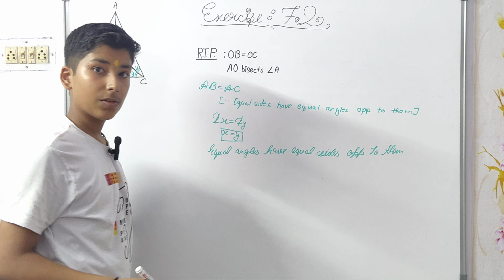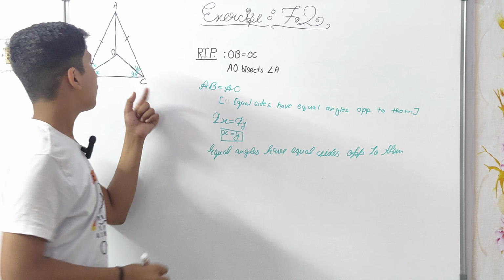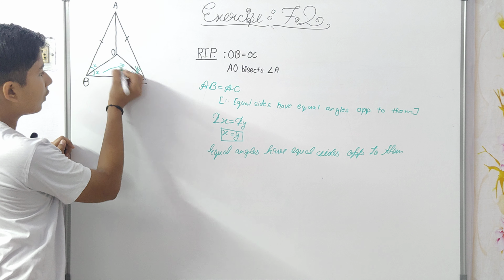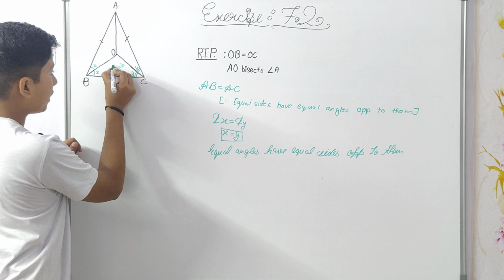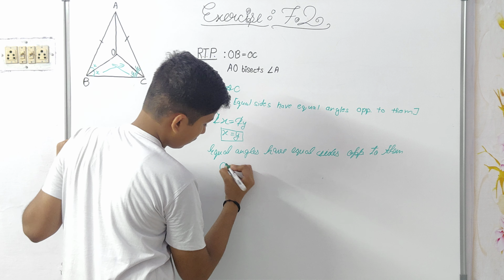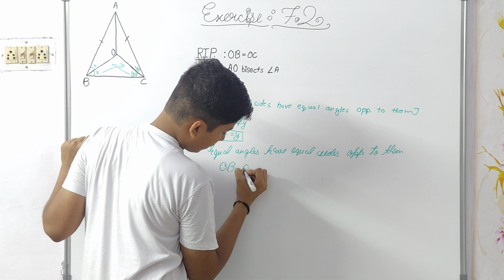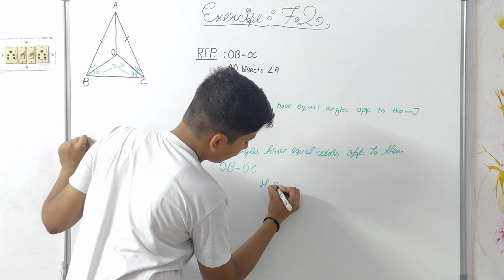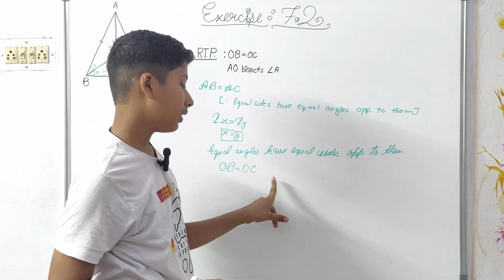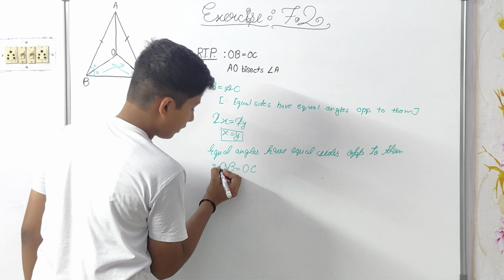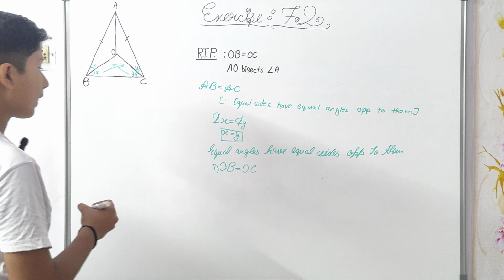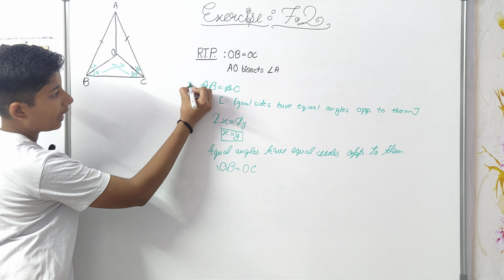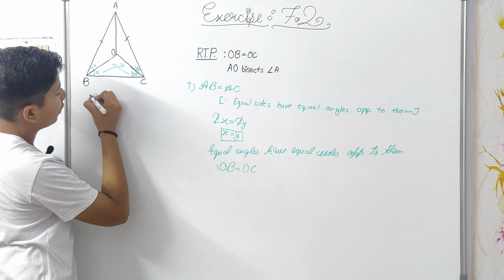Since equal angles have equal sides opposite to them, now we write x opposite is OC and y opposite is OB. OB equals OC. Hence proved. Instead of writing hence proved, just leave it like that. Okay. Now part 2 we'll do. Here write part 1. Now part 2.